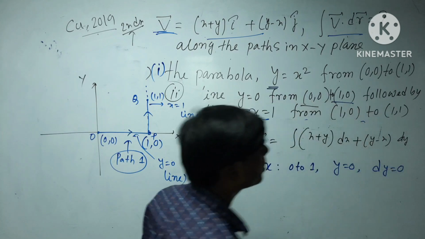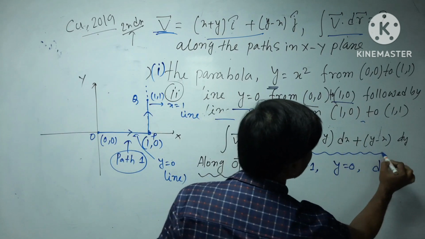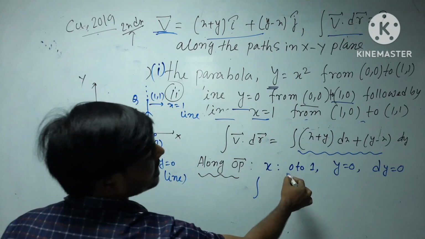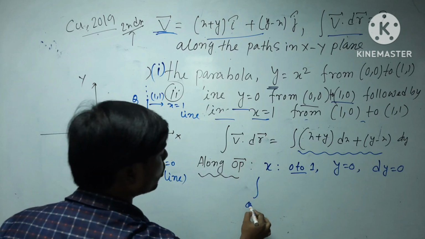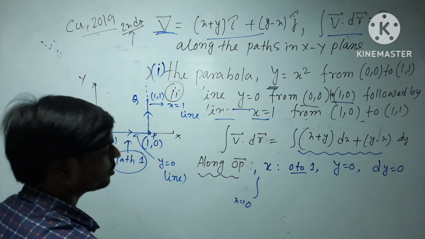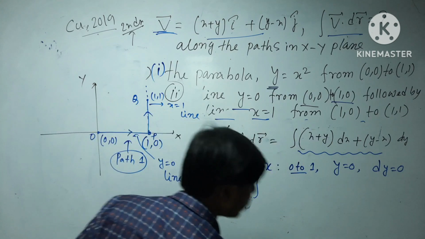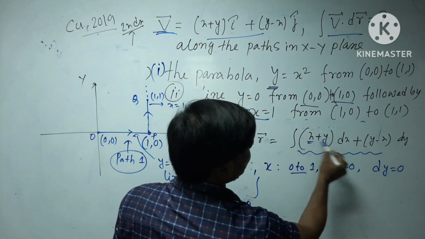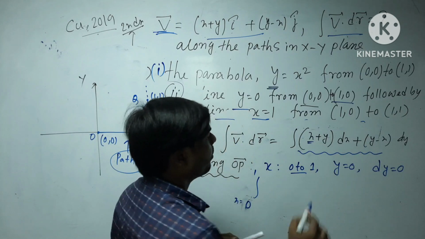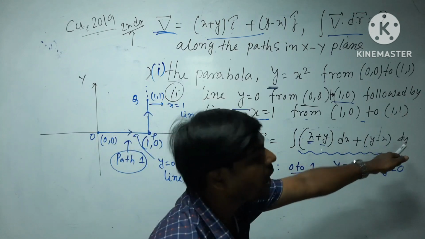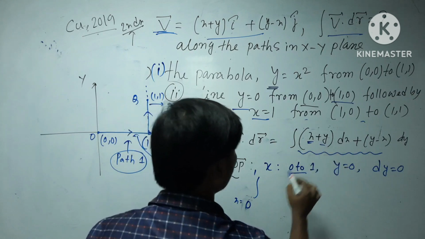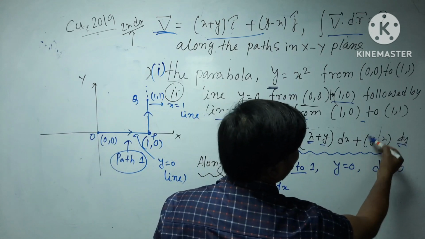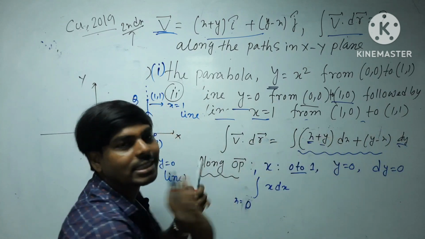So in this integration, x is a variable, so integration will take x from 0 to 1, and wherever x will remain, but y will be 0, dy will also be 0. তাহলে এখানে যদি y 0 বসাই তাহলে ফার্স্ট কি হবে x dx, এখানে যদি dy 0 হয়ে যায় whole term will be 0, so you don't need to take this second term.